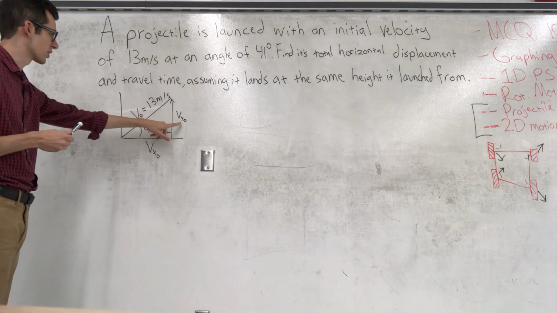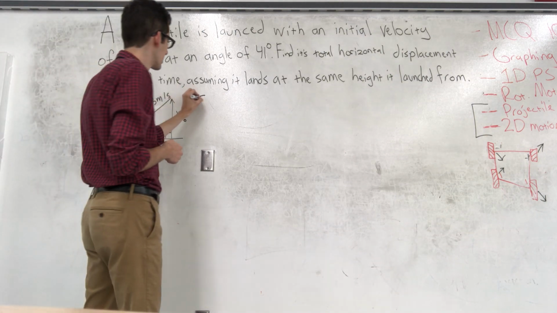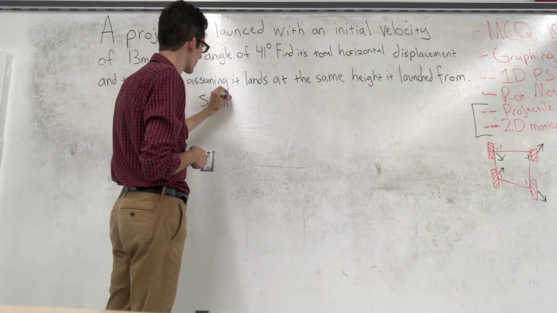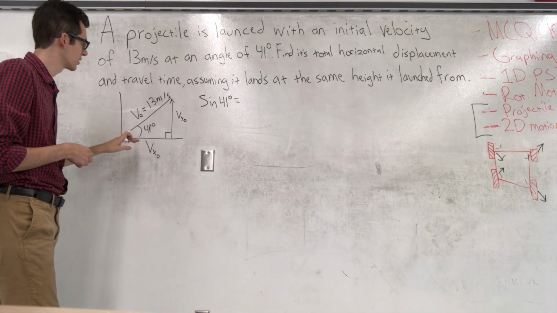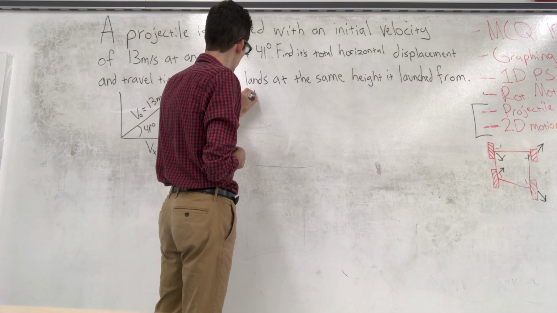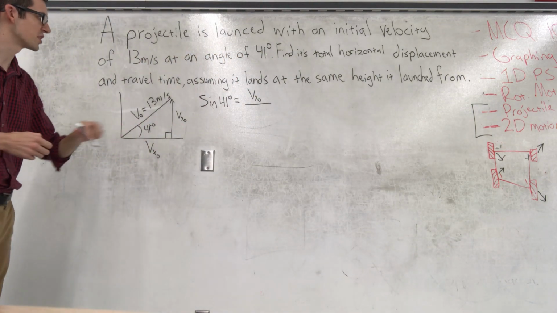To do that, we're going to start by looking at sine and cosine. Sine of our angle, 41 degrees, is equal to the opposite over the adjacent. So the opposite side is Vy0. I said the opposite over the adjacent.